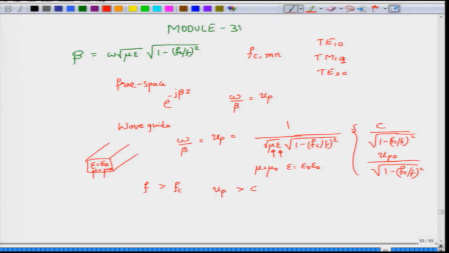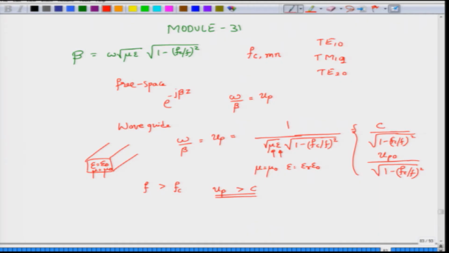So, it seems to indicate that the phase velocity is greater than the speed of light. When the waveguide is filled with air, the phase velocity up happens to be greater than the speed of light, which perhaps would contradict the theory of relativity, which says that no information can propagate at a speed greater than the velocity of light, which is c.